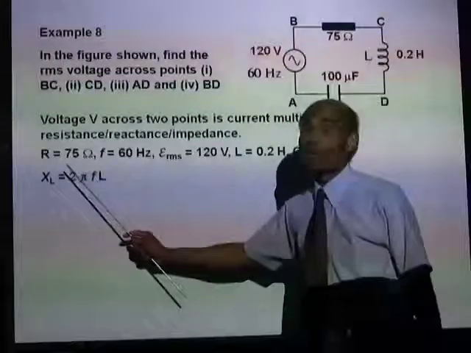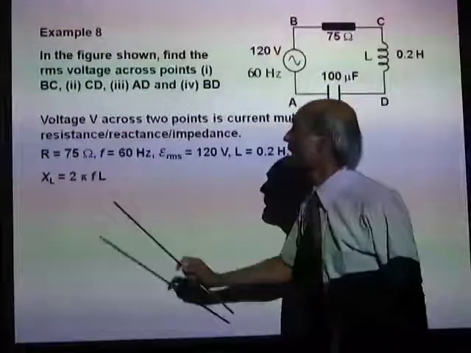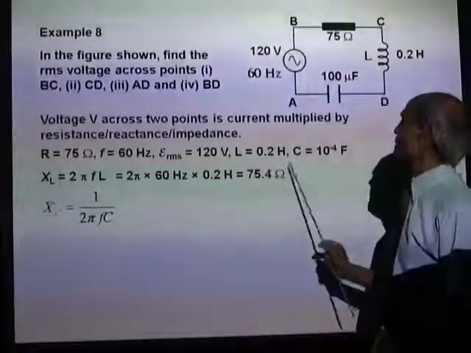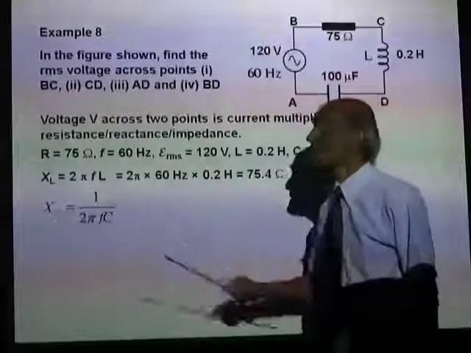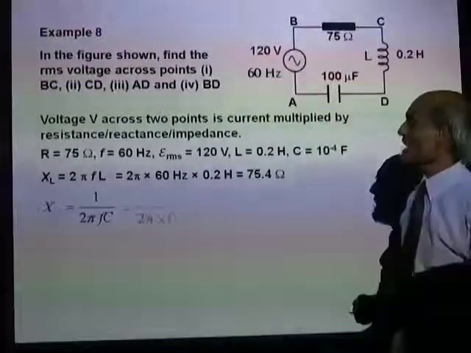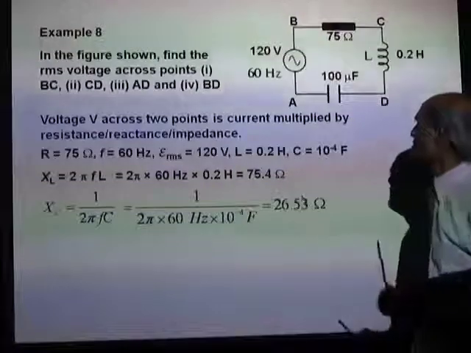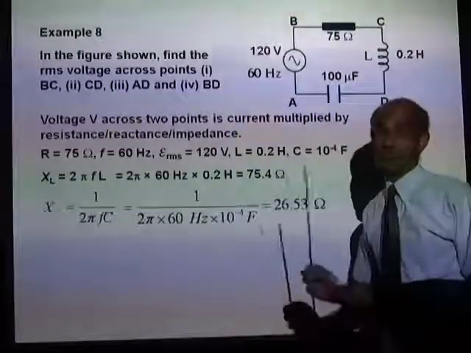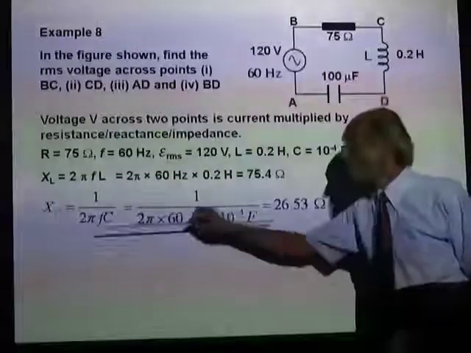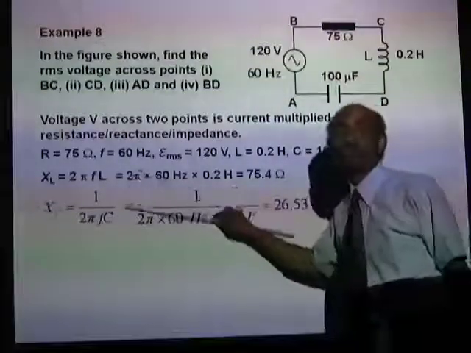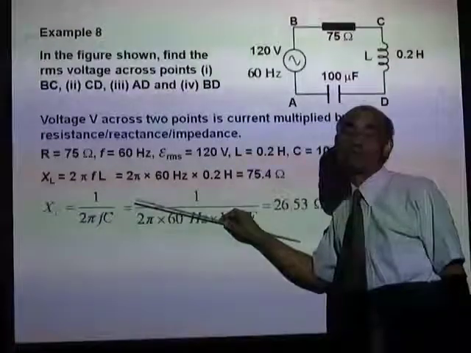Now, first of all, XL is 2 pi FL, and using the values we get 75.4 ohm. And XC is 1 over 2 pi FC. Again, using these values we have 26.53 ohms. Now remember, in the lecture I am really going fast with it, but you got to stay back and do these calculations on your own.